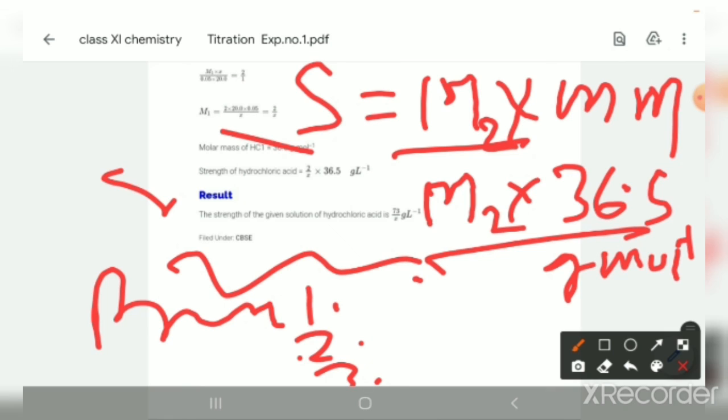Second, use the sanitizer, third, use the mask, and fourth, before doing your experiment wash all your instruments, and don't discuss during the experiment. These are some precautions you can write.